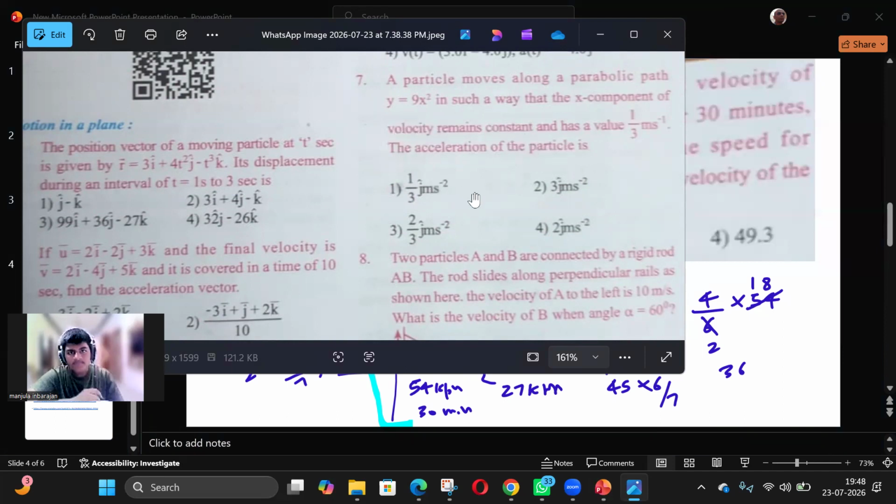Acceleration is... Okay, differentiate both the sides. dy by dt is 9.